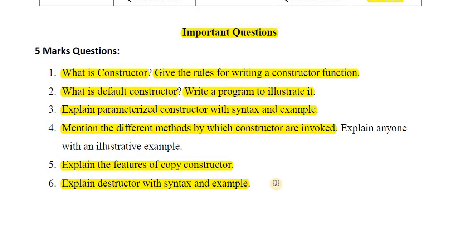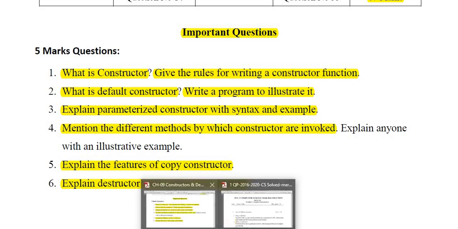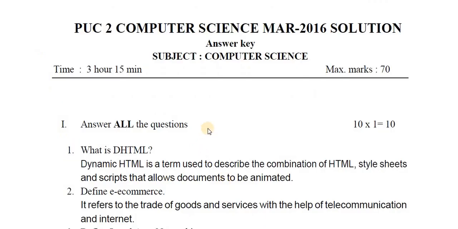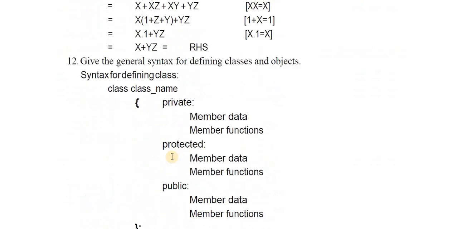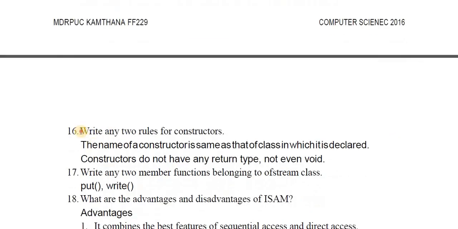Now let us see the questions which came in the previous exam papers. This is the March 2016 question paper. There are 2 questions from the 9th chapter in the question paper: one 2 marks question and one 5 marks question. For 2 marks, the question asked is: write any 2 rules for constructor.